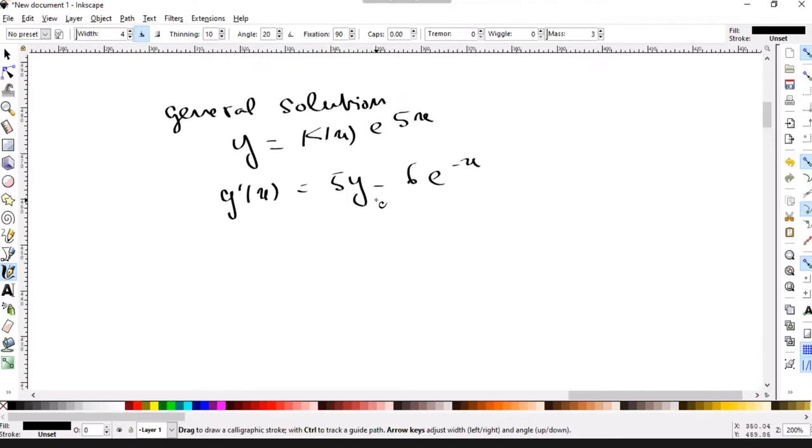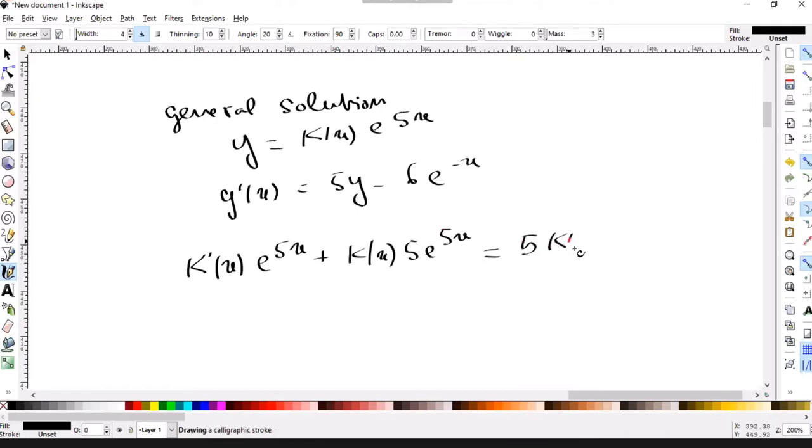Okay, so now we will derive this equation. So it gives me k prime of x exponential 5x plus k of x multiplied by the derivative of this, so it's 5e5x, equals 5k of x exponential 5x minus 6e minus x.